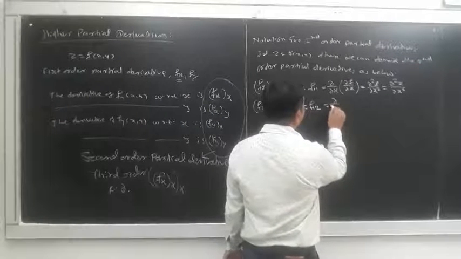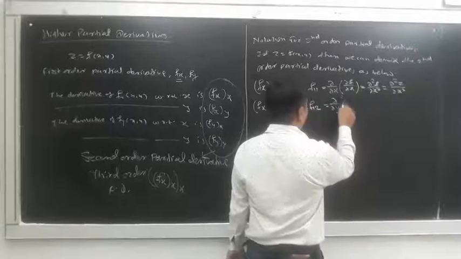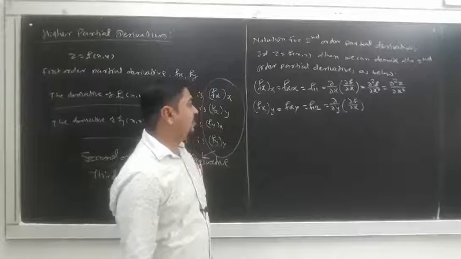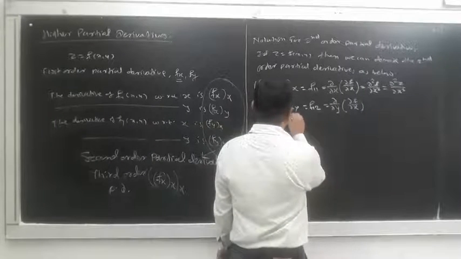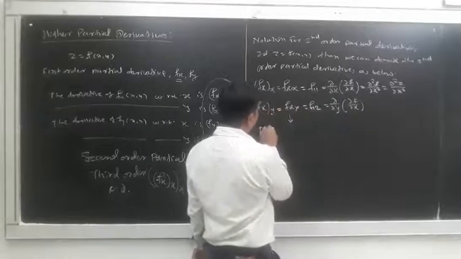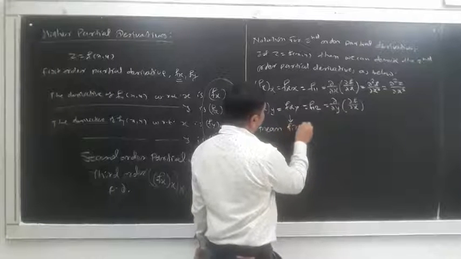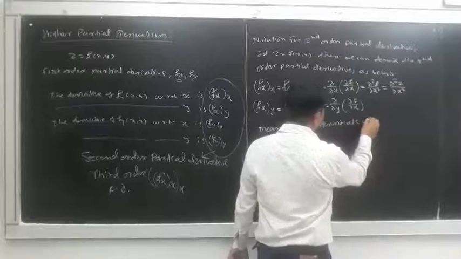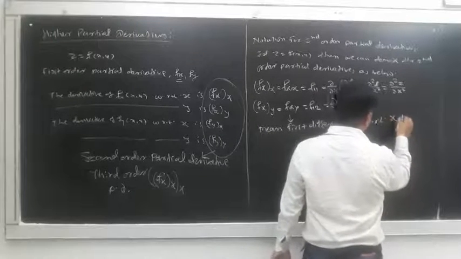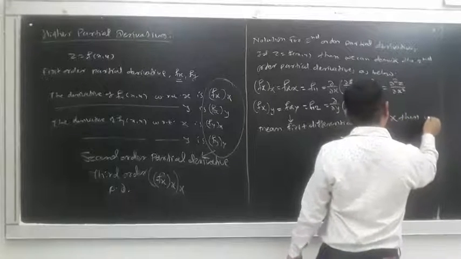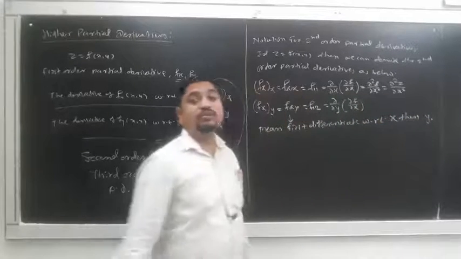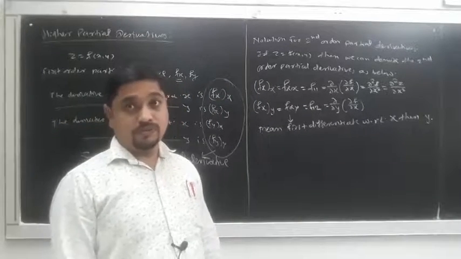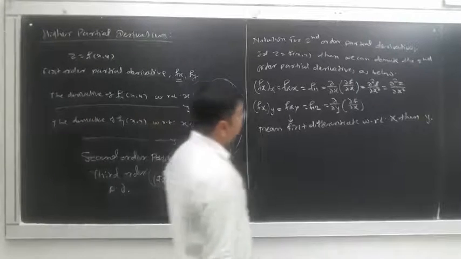This can be written as derivative with respect to y of the derivative of f with respect to x. First we have to differentiate with respect to x, and then we have to differentiate with respect to y.